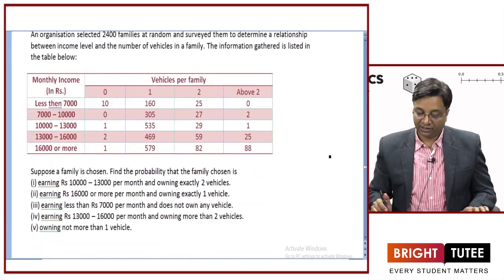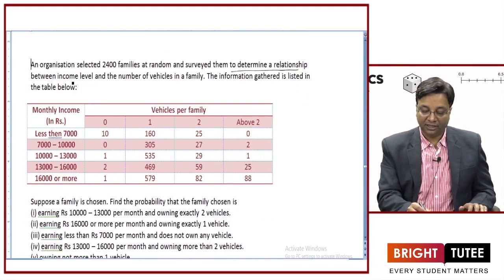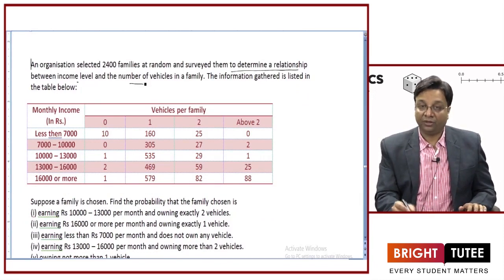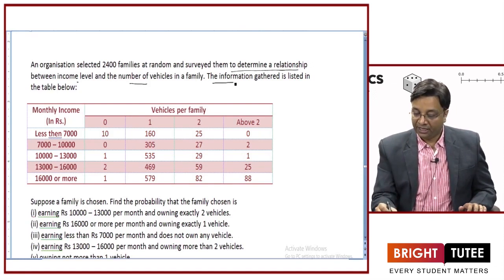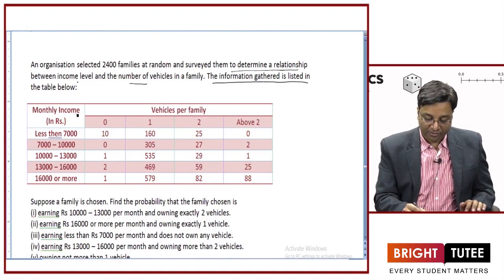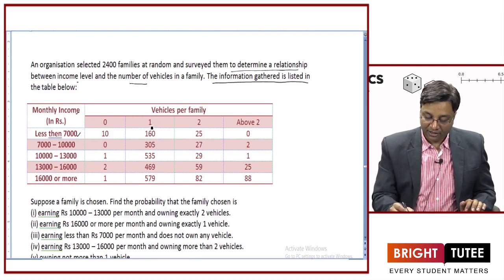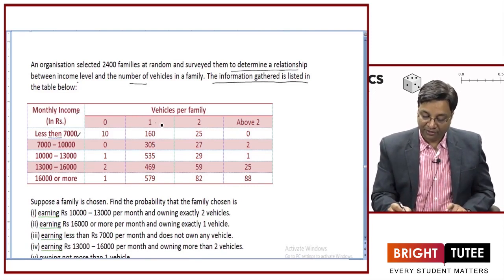An organization selected 2,400 families at random and surveyed them to determine a relation between income level and number of vehicles in a family. The information gathered is listed in the table below. So, a monthly income less than 7,000, 1 vehicle per family was in 160 families.